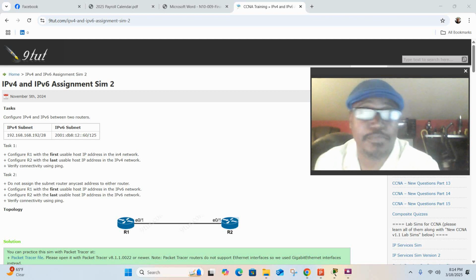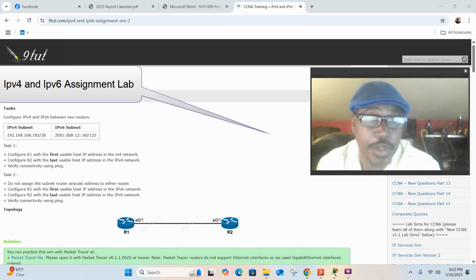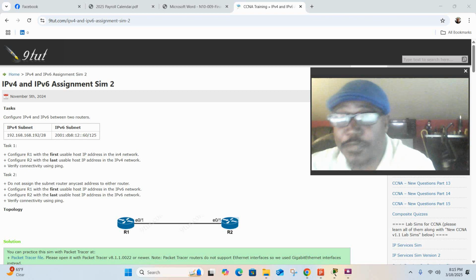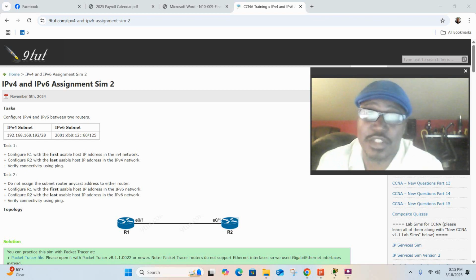Of another lab that could be on the CCNA exam. This lab is the IPv4 and IPv6 assignment lab. It's actually dual stacking, where you configure an IPv4 and IPv6 address on the same interface. I've done a lab of this previously, but this one is a little different.